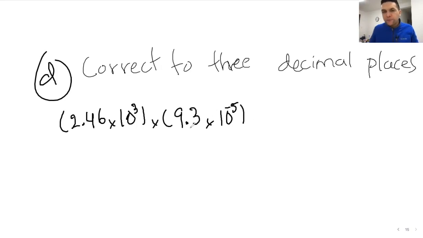If you're watching this video and you're not in my class, go ahead and do it and drop the answer that you got in the comment section, and I can get back to you if you're not sure about the answer, okay? So again, this one is corrected to 3 decimal places: 2.46 times 10 to the third power times 9.3 times 10 to the negative 5th.